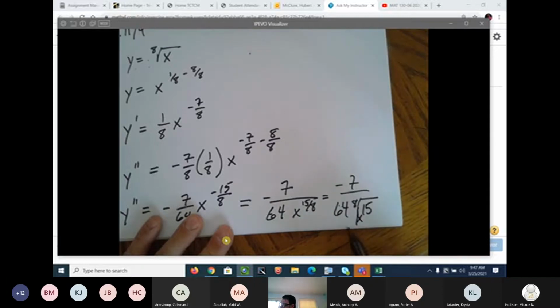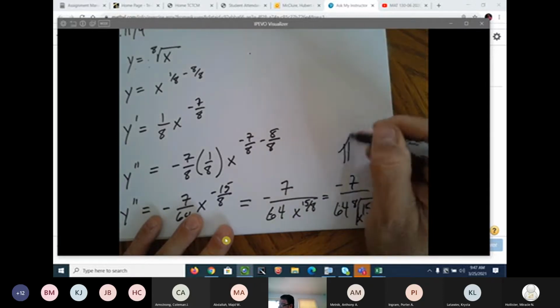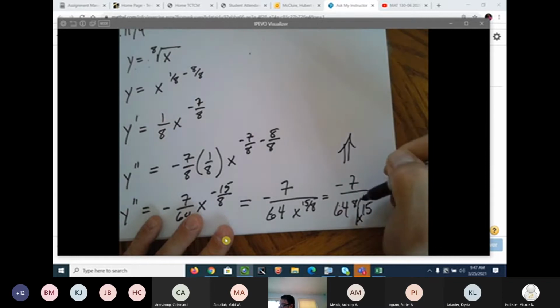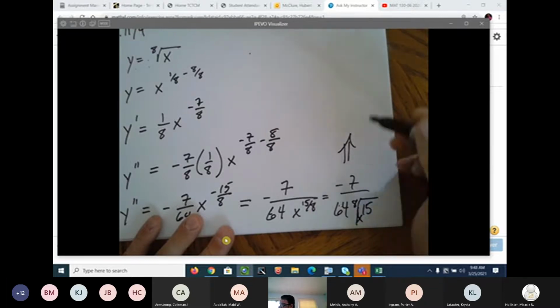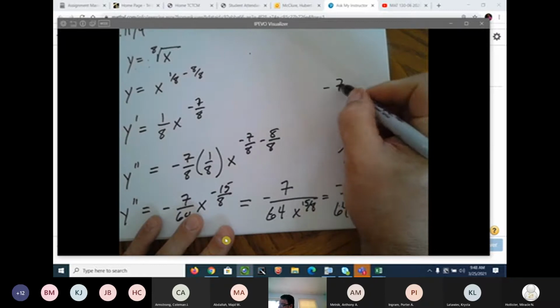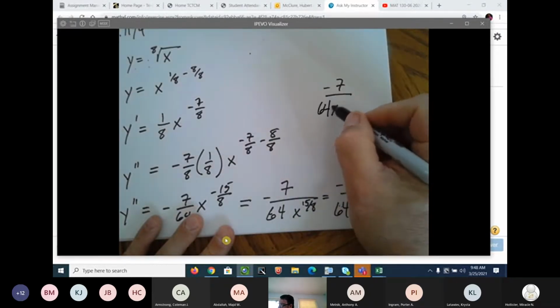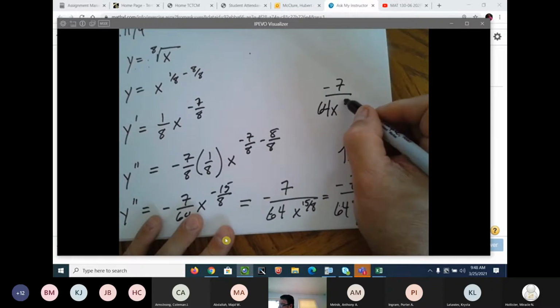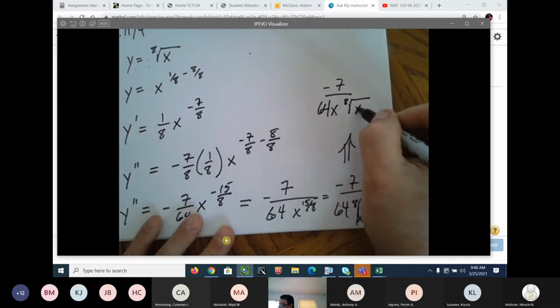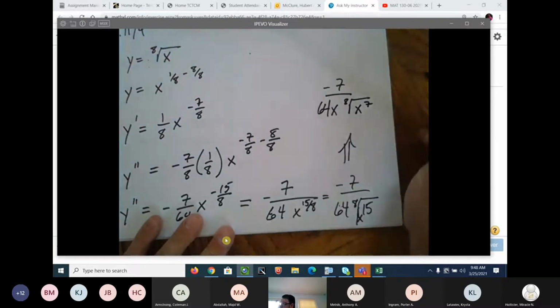And you could argue 8, let's see, that's x to the 15th, that'll leave 7. So negative 7/64x times the 8th root of x to the 7th power. Square root of x, square root of x.